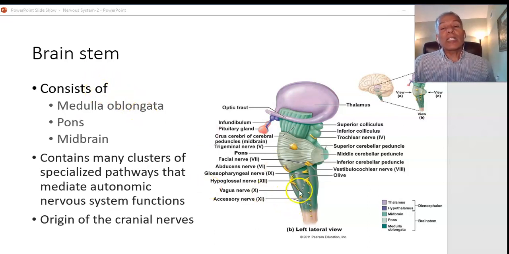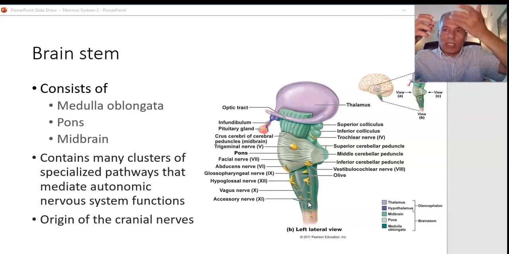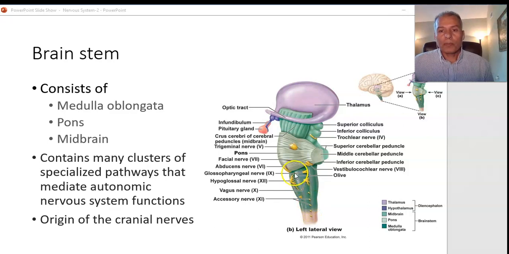The brainstem consists of three segments. And again, keep in mind that most of the brainstem is pathways coming down with motor orders that continue to go to the spinal cord, and also ascending tracts that bring sensory information to the top of the brain.